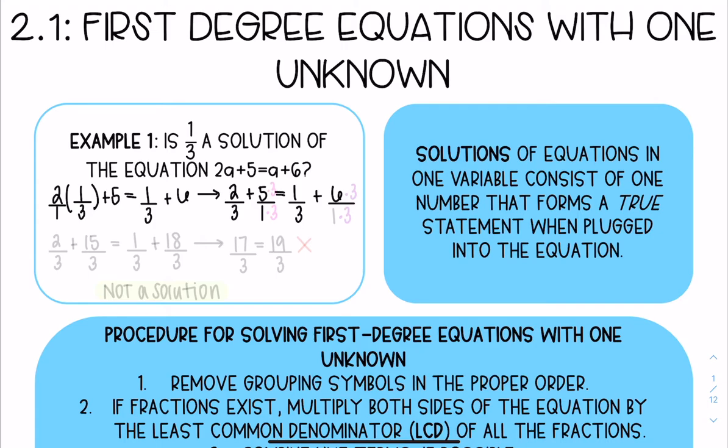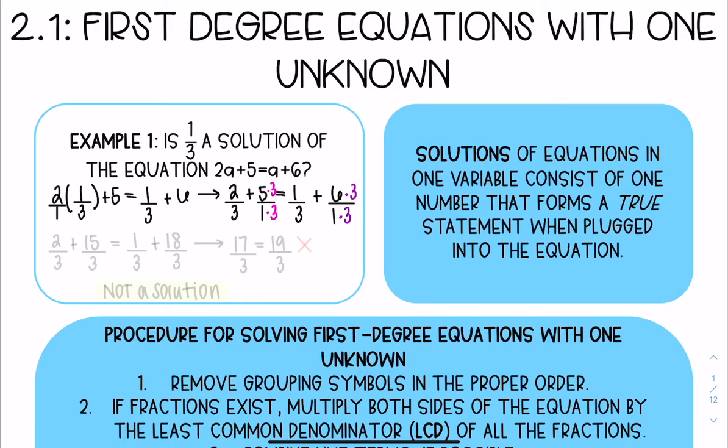Looking at the left-hand side first, between 1 and 3, I can multiply the 1 by 3 on the top and bottom so that I can get a common denominator. And then on the right-hand side, I'm going to do the same thing with the 6/1. Multiply by 3 on the top and bottom.